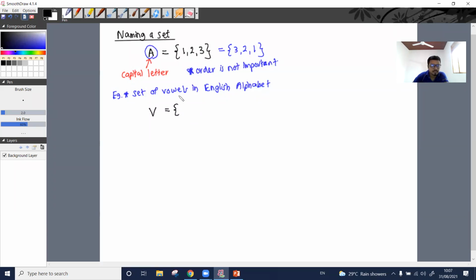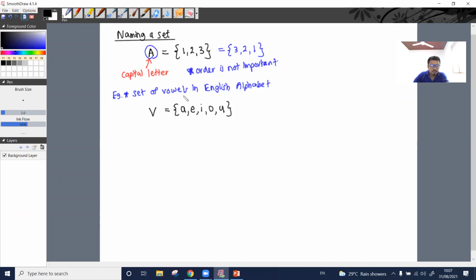When naming, no doubt, we need to use capital letters. But when it comes to elements, we should preferably write simple letters, right? A, E, I, O, U, simple letters.